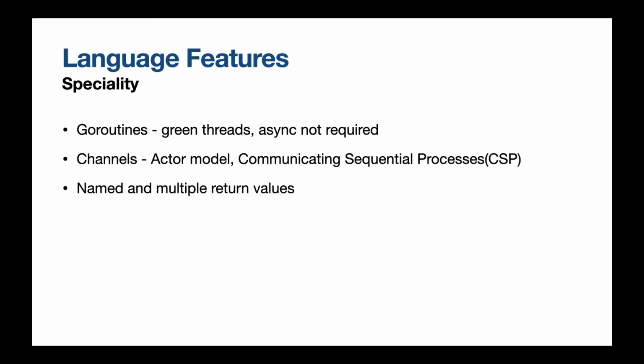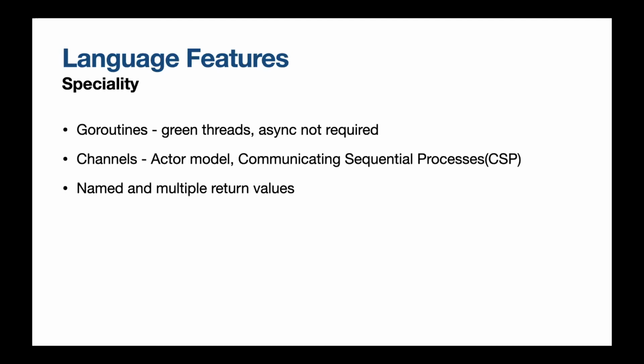You send some data from one side, the other side will receive it, and both sides can run independently. You can make the endpoint, the consumer or the producer, block or be non-blocking. So there are a variety of ways you can use channels to communicate between goroutines. This is heavily inspired by, or based on, the actor model or CSP. I think it is in Erlang, I believe, if I'm right, Erlang or Elixir.